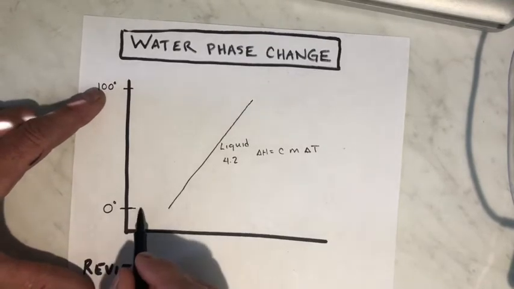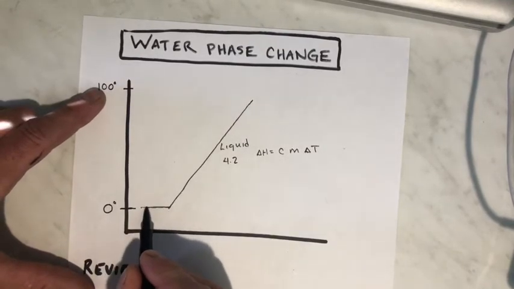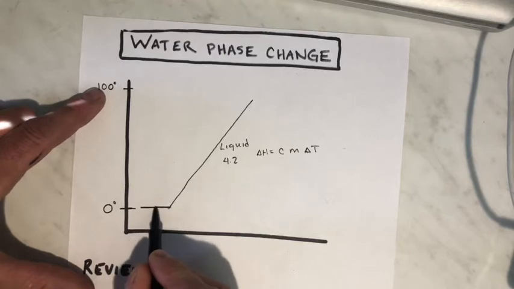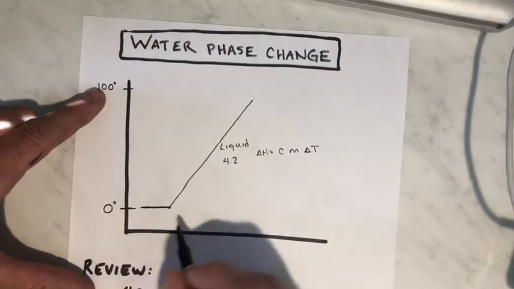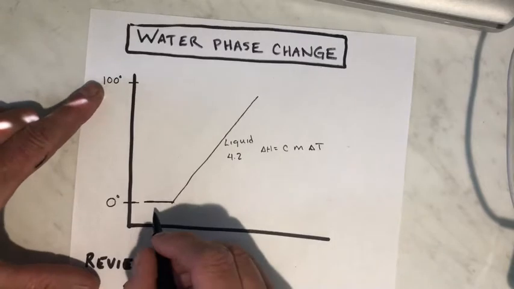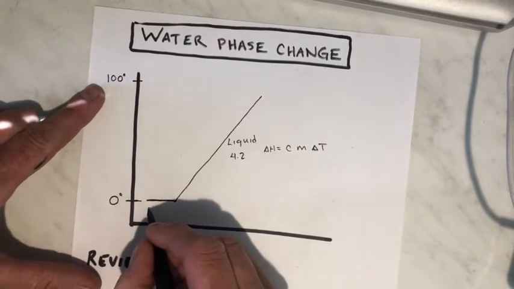We know that water exists at 0 degrees as well. And I'm going to draw a straight across line right here. This is where we have a mixture of liquid and solid.